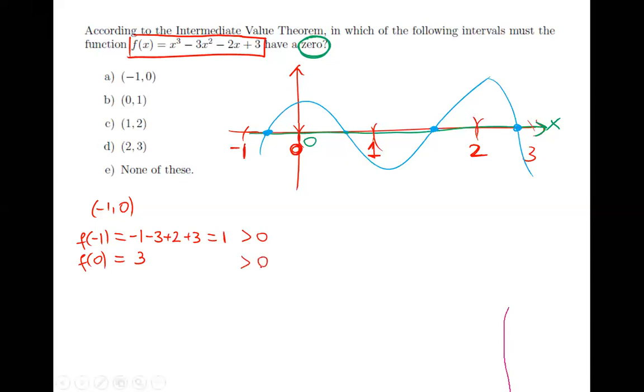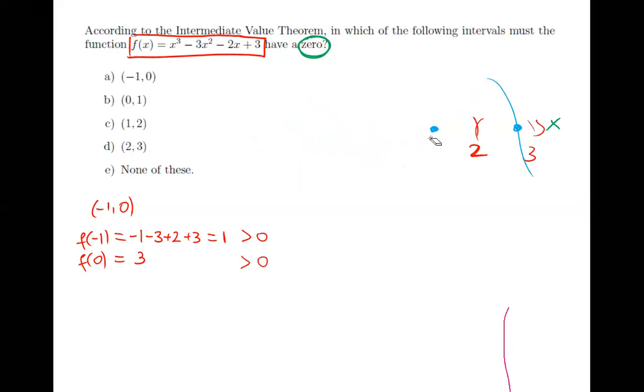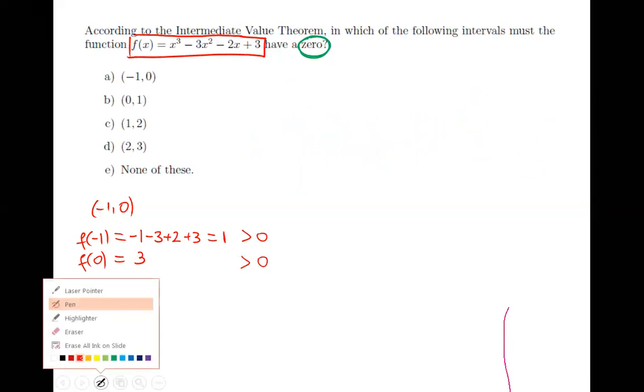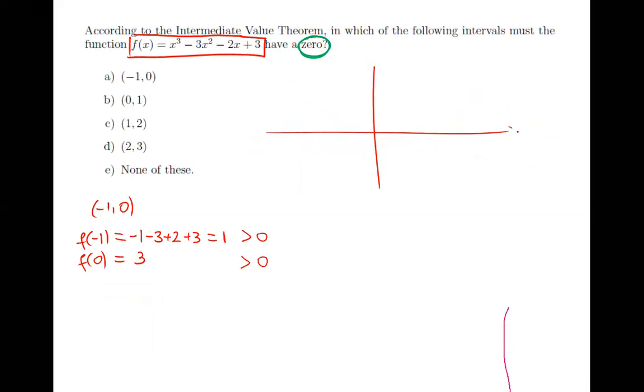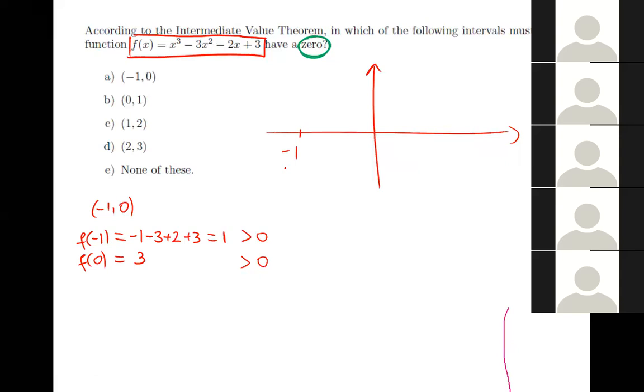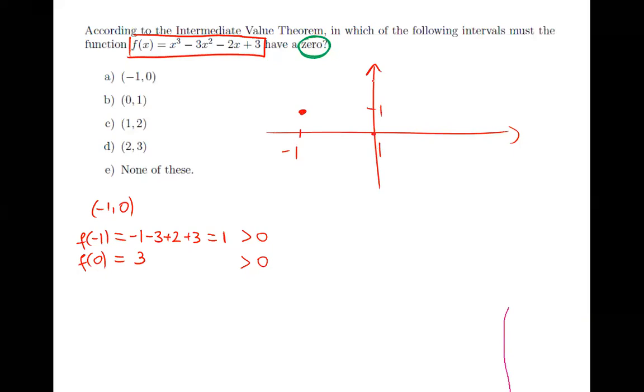Right? That means if I got 2 positive numbers, I will remove this because I would like to show you what I'm looking for: one number positive, one number negative. That means for -1, the value is 1. For 0, the value is 3.